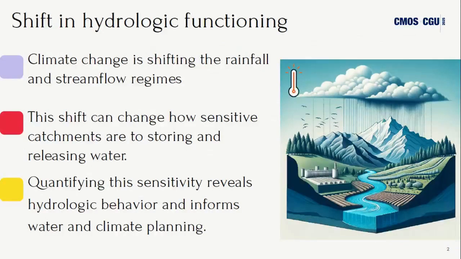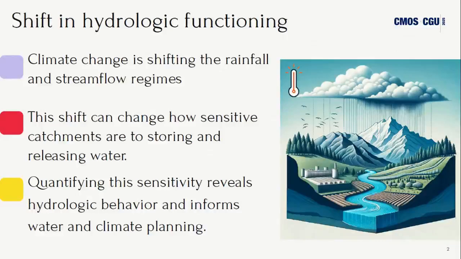It's not news anymore that climate change is shifting rainfall dynamics, intensity, and frequency. As a result, streamflow regimes are also changing. Some research shows that these shifts are causing the functioning of catchments to change over time, like the catchments are changing their priorities for storing and releasing water.